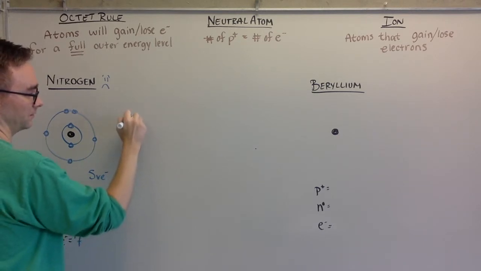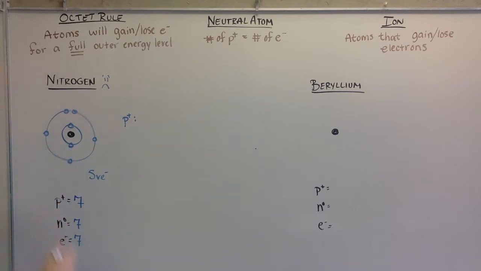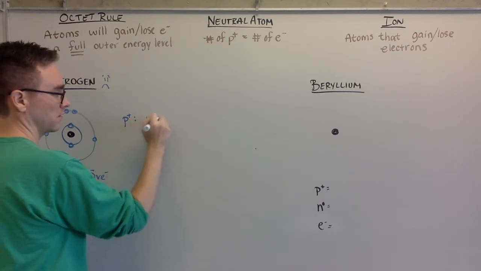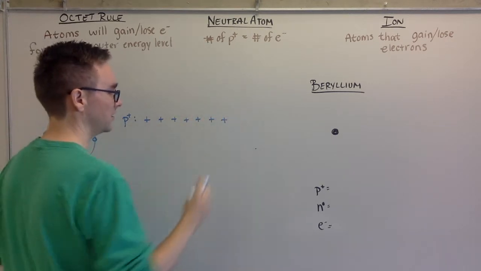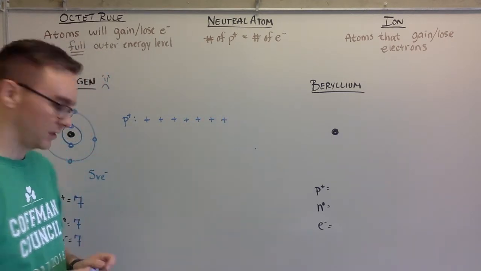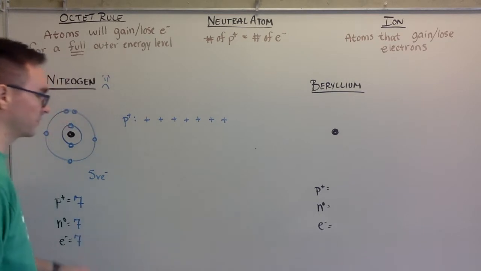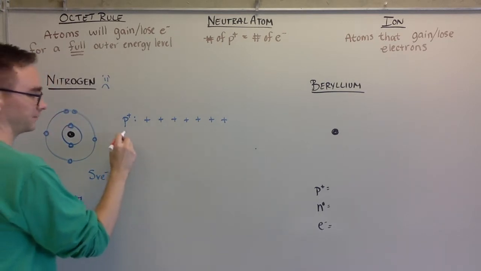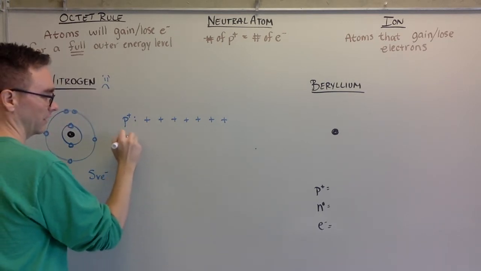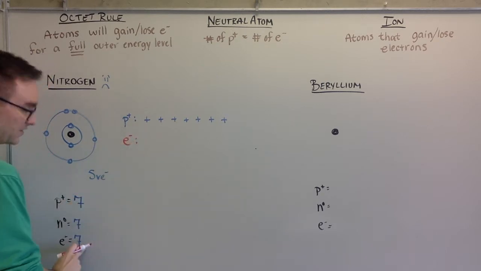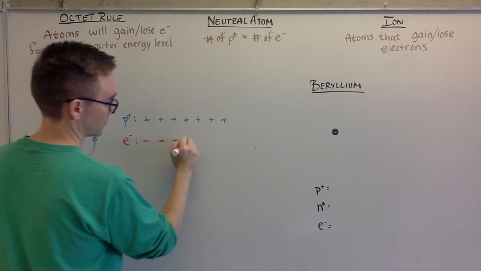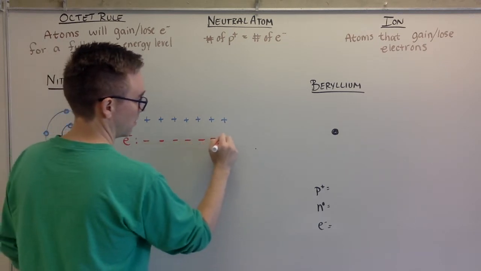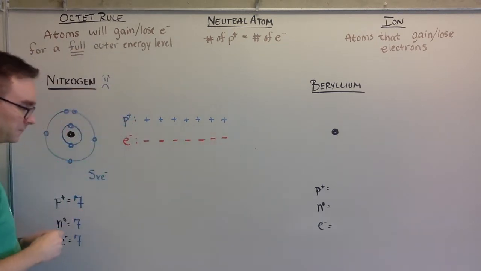So I have my protons here. I have 7 protons. That's 7 positive charges. I have 7 positive charges here, which means I'm also going to have, for my electrons, 7 negative charges. Those aren't dashes, those are negative signs. All right?